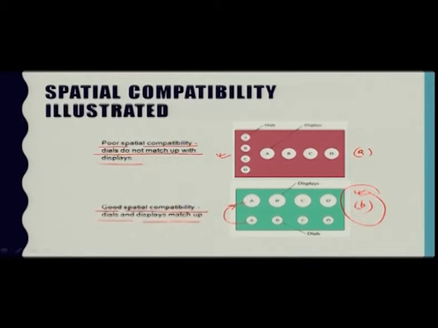This example has been taken to understand spatial compatibility in a much more lucid manner. Here they have shown two possible arrangements of displays and their control dials, and the arrangement of B is more spatially compatible than figure A.